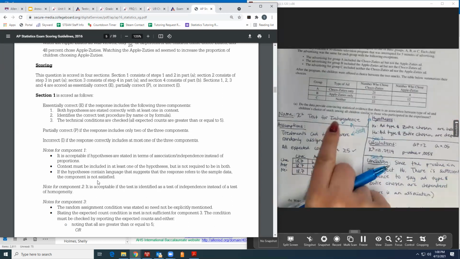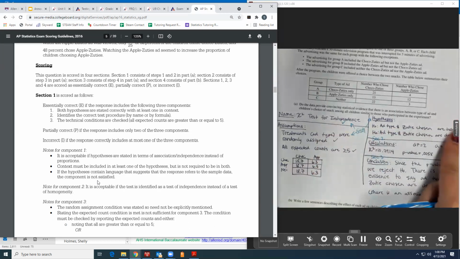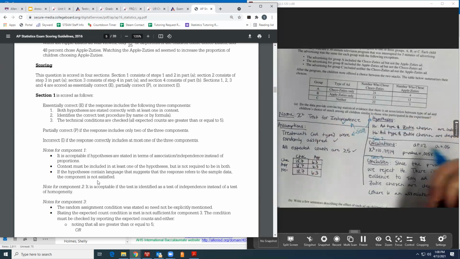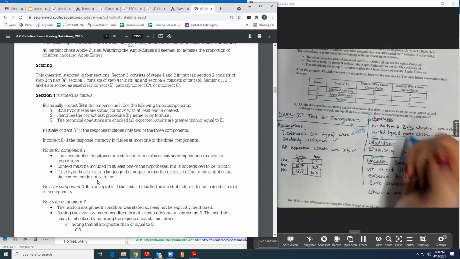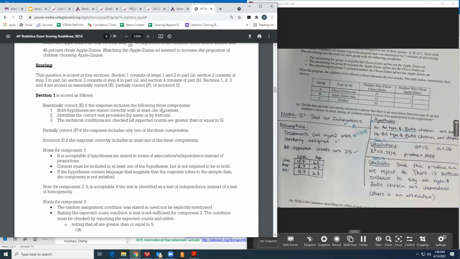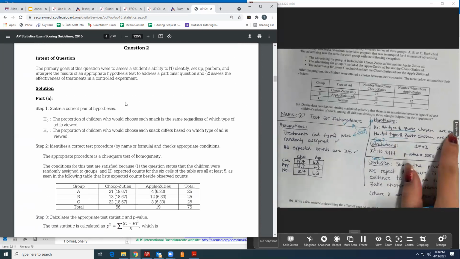And really this is what you should have had, chi-square test for independence. Which means if I'm doing a chi-square test for independence, my H0: ad type and Zudi chosen are independent. Make sure it's in context. And then Ha: ad type and Zudi chosen are dependent. Again, it should be in context. According to this, at least one has to be in context. They also would have accepted no association and association.